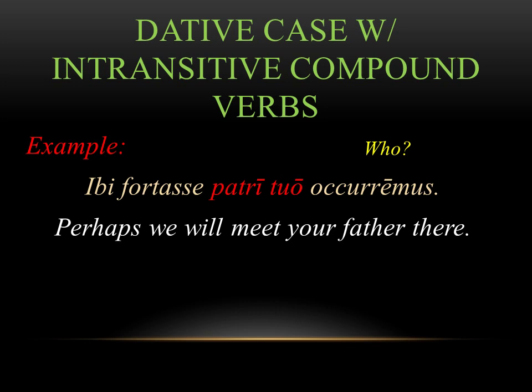Now, normally when we answer the question who, we're using a direct object, but I just told you that these type of verbs are using the dative case, not the accusative, so there is no direct object here. Instead, you have to remember that compound verbs such as occurrere take the dative. The dative in this example is patri tuo, your father.